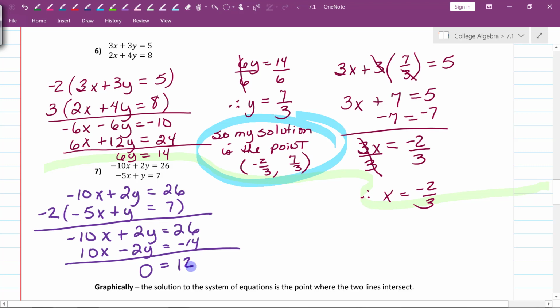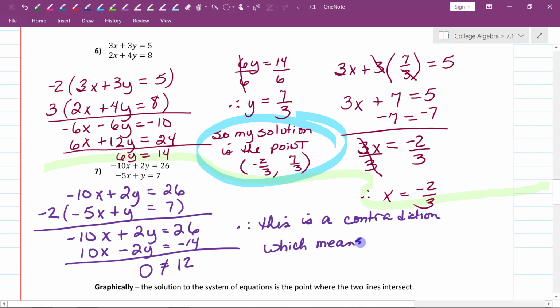Since 0 does not equal 12, we have what's known as a contradiction, which means there is no solution, no real solution. Okay, so we have a contradiction, therefore we know there is no solution.